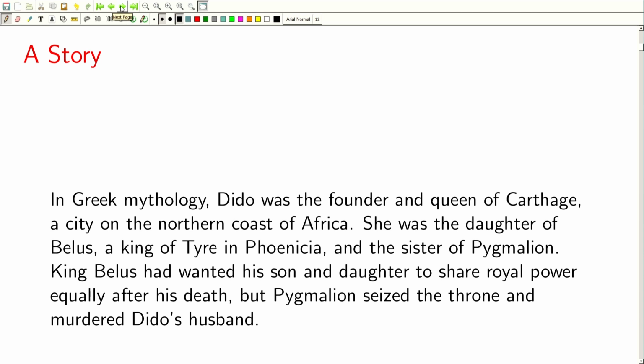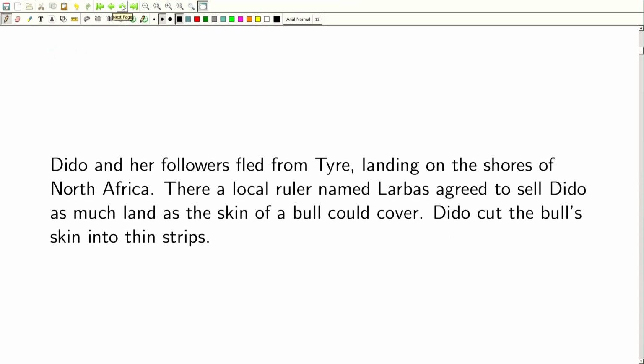But Pygmalion seized the throne and murdered Dido's husband. Dido and her followers fled from Tyre, landing on the shores of North Africa.